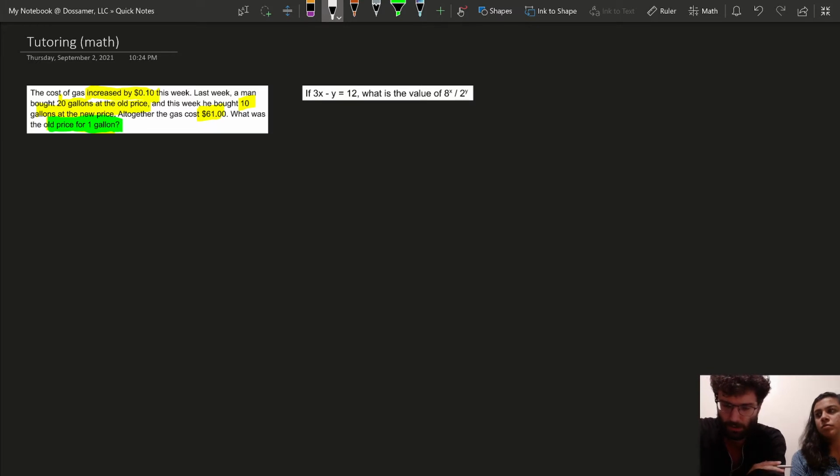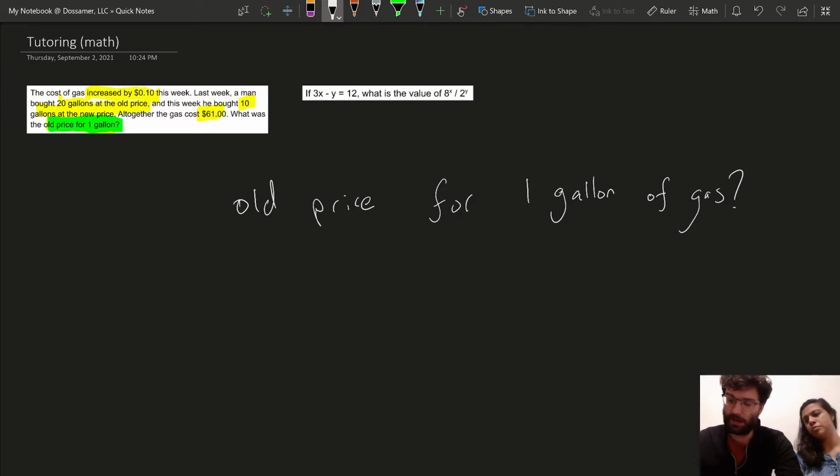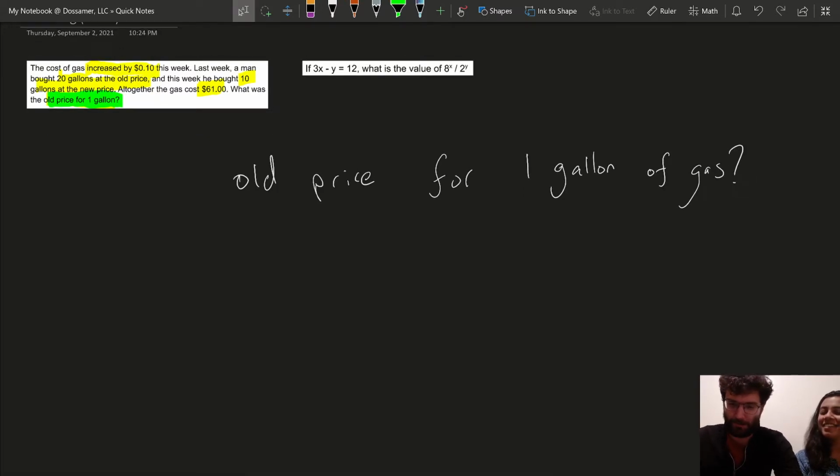So we are solving for what is the old price for 1 gallon of gas. That's what we're looking for, and we're going to give it a shorthand name in a second.